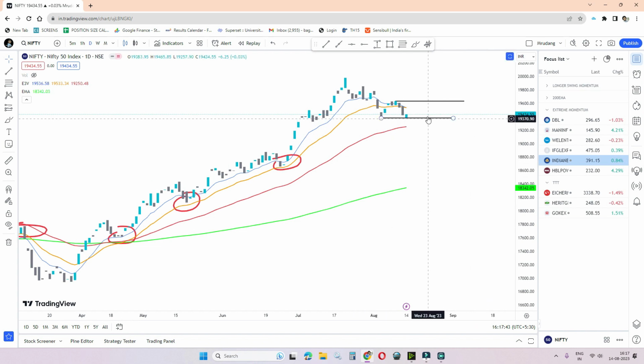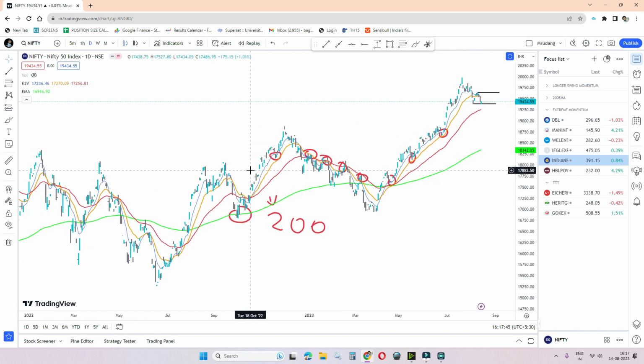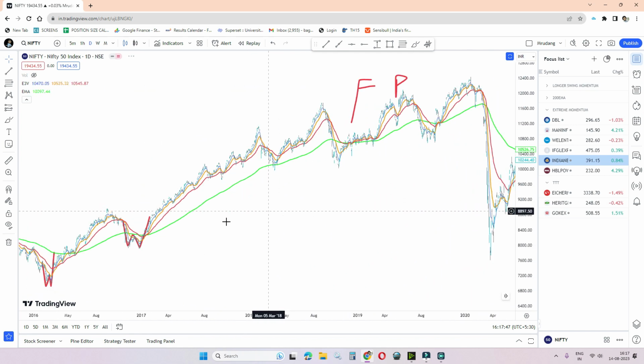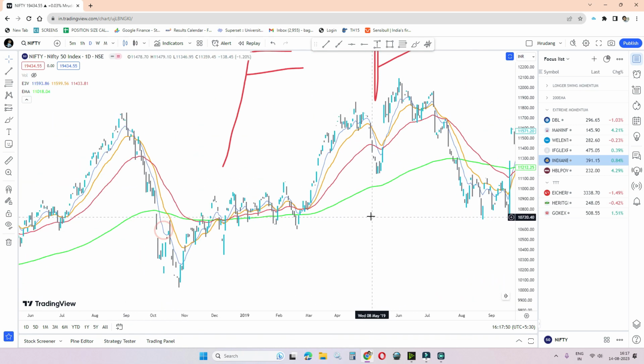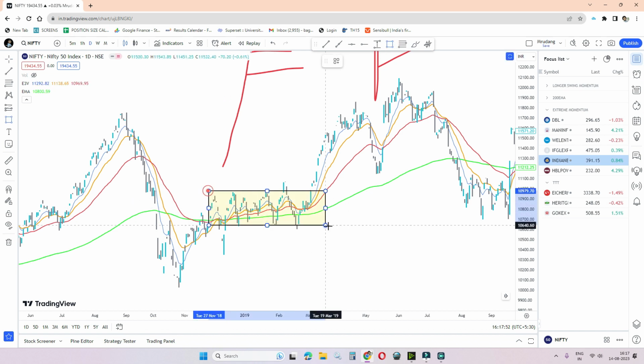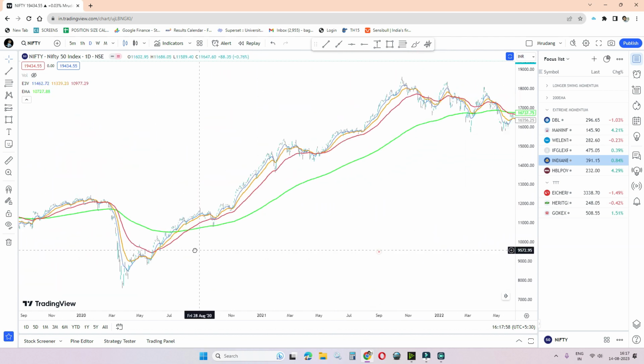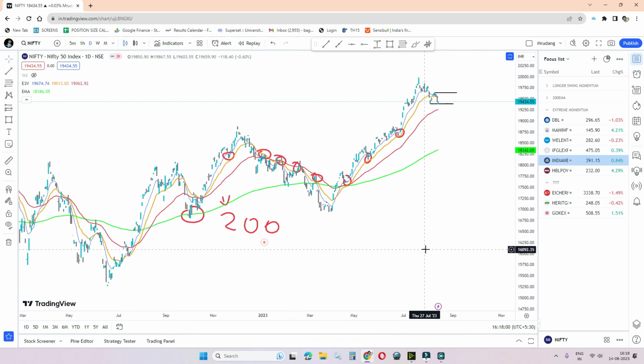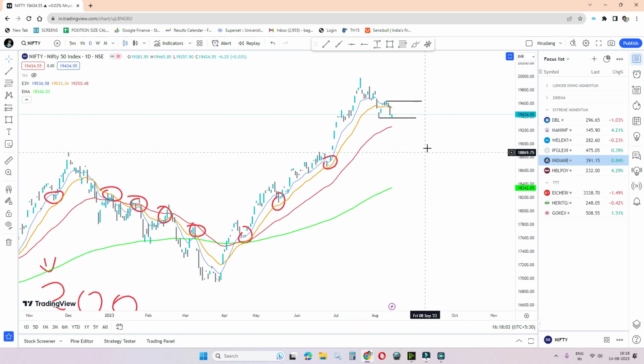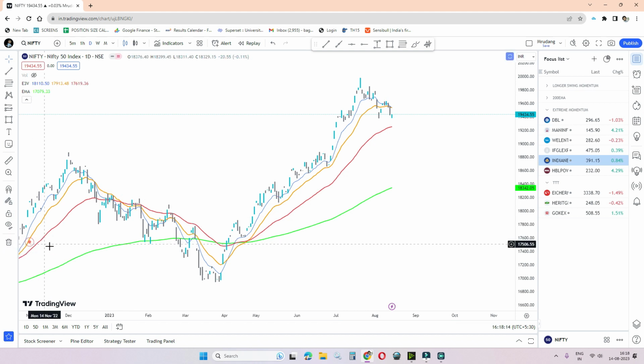How many days can it remain sideways? Extremely long. In 2019 the market was sideways for almost the entire year, almost 6-7 months. That's how the market acts: because it made a huge move, it has to digest some of that move. So it's better to not get chopped around and sit in cash.